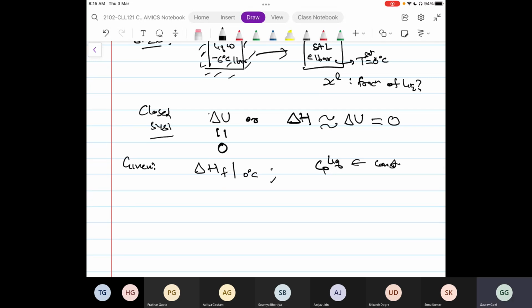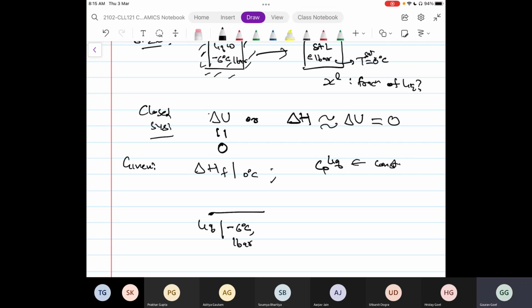Cause the phase change at minus 6 degrees or cause the phase change at 0 degrees? Those are my two options. What should I do first? Phase change or temperature change? Sir, phase change.